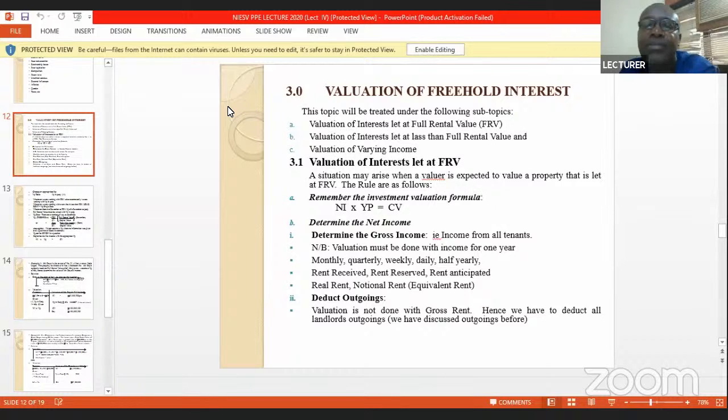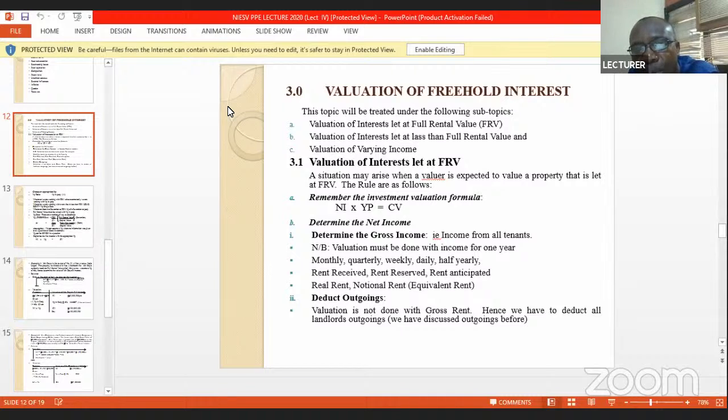If we are able to get to leasehold valuation, you will see that for the tenant, all items of outgoings are added to his rent. Please, this is very, very important. You need to note it very well.